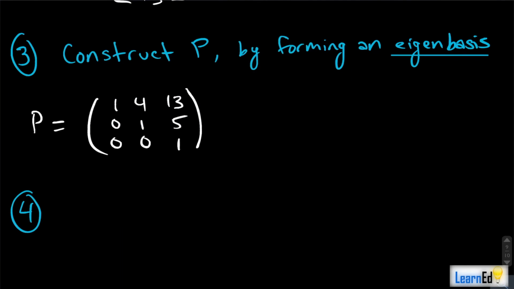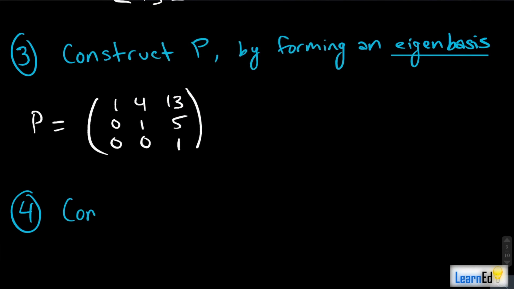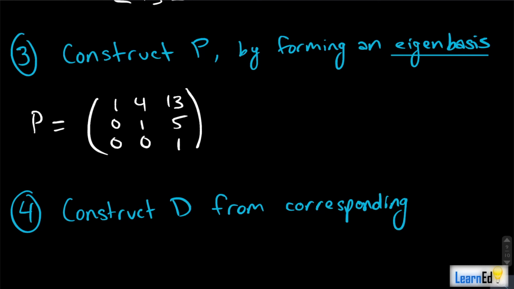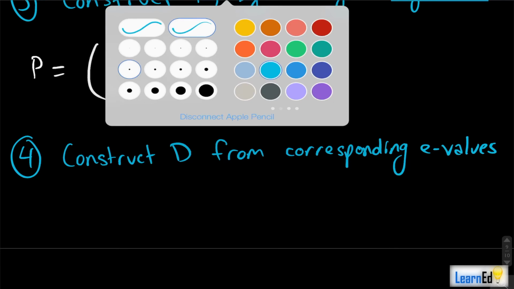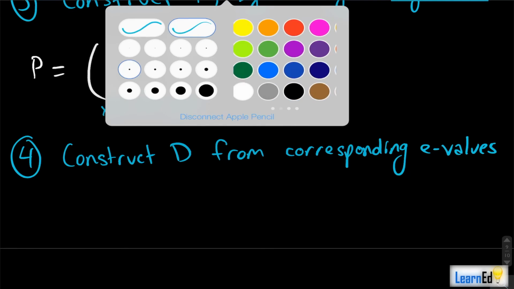and we move on to step 4, which is to construct D. And we construct D from the corresponding eigenvalues. Okay, so this was our lambda equals 1, lambda equals 2, lambda equals 3 eigenvectors.